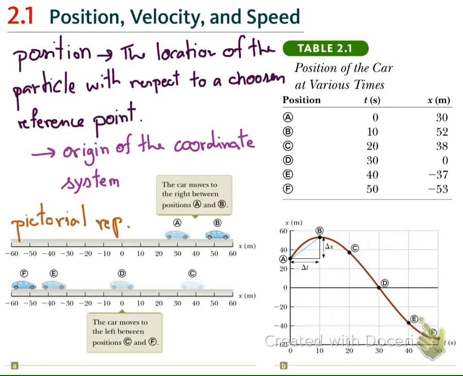That is, we draw the picture of the object on a scale that we use as the coordinate system. In this case, you can see that we can use this point as a reference point, and also it's the origin of the coordinate system. So this is a pictorial representation.